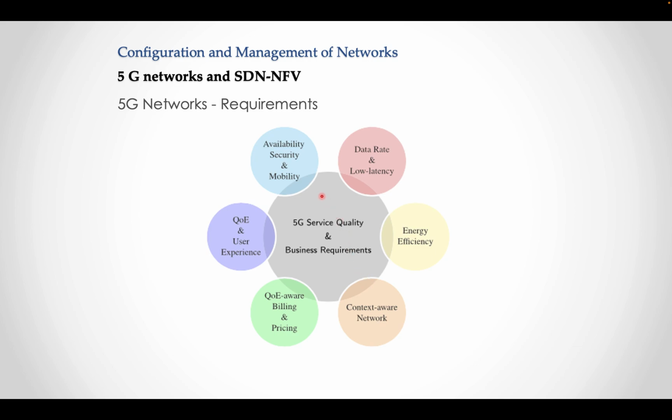And then we have some things that traditional networks have very deep difficulty in providing. Specifically, this context-aware networking, quality of experience-aware billing and pricing, quality of experience and user experience, and high availability, security and mobility.